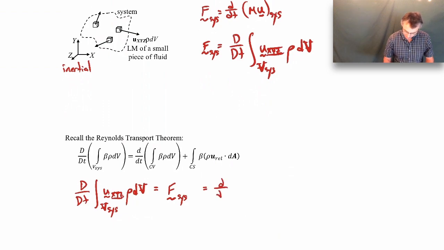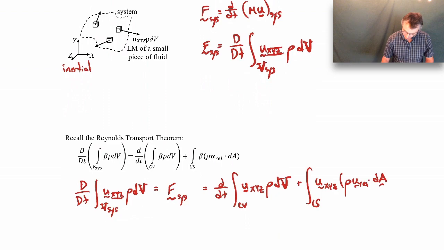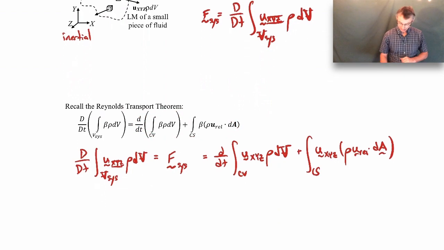Let me write it over here. All right, so what I've done is I've just taken the Reynolds transport theorem and written out the control volume side of the equation. We're going to do just one more, maybe a couple more steps before we stop, and then I'll describe all the various terms in the equation.